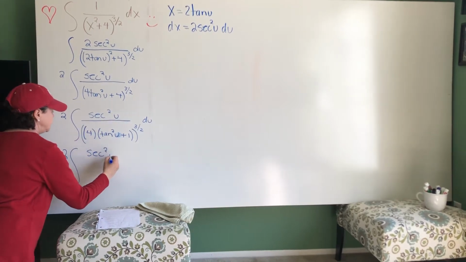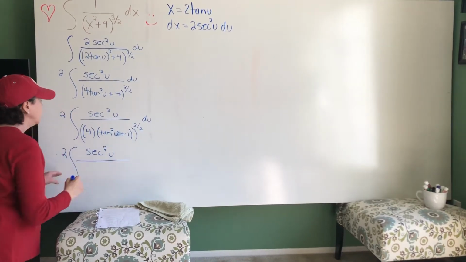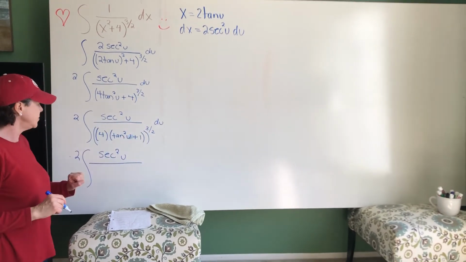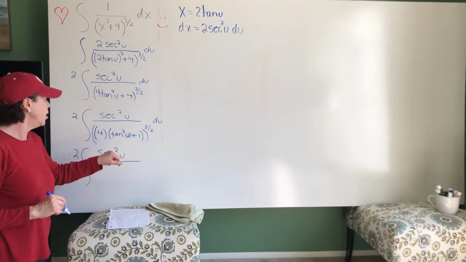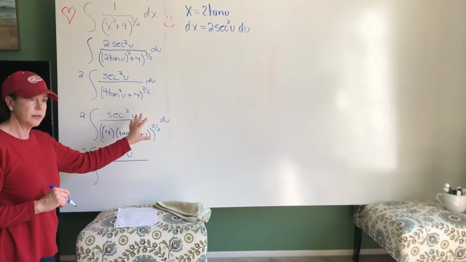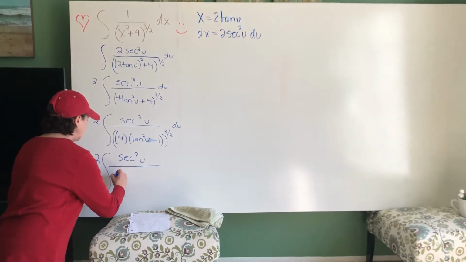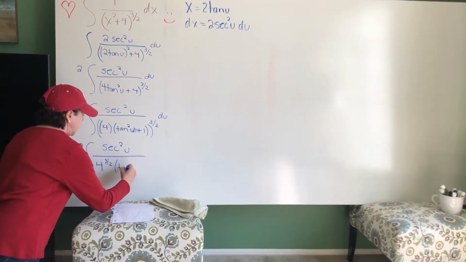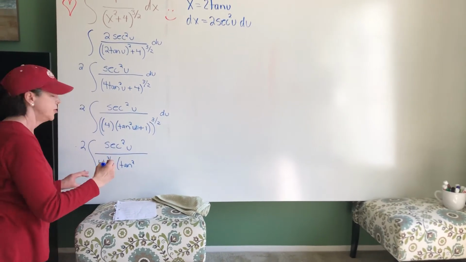There we go. Okay, so I can actually do 4 to the 3/2 and tangent squared u plus 1 separately, each to the 3/2, by our exponent rules.